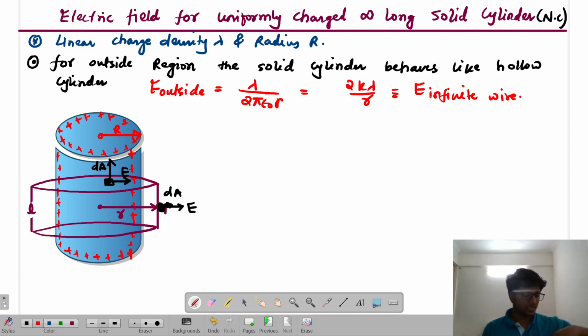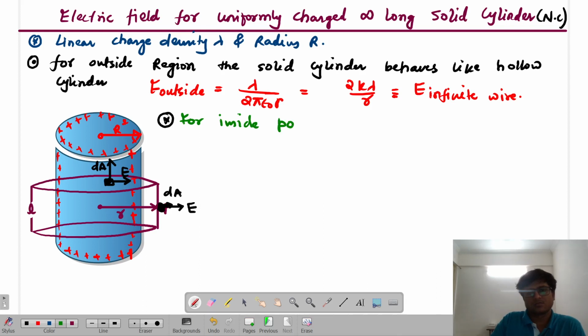Now the question arises, what happens for the inside point? Once again, if I want to find it for the inside point, then I need to draw the Gaussian surface inside over here, isn't it?